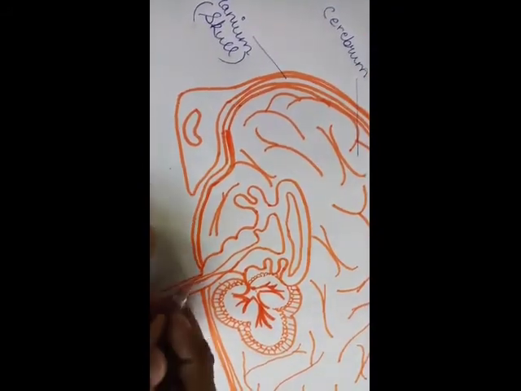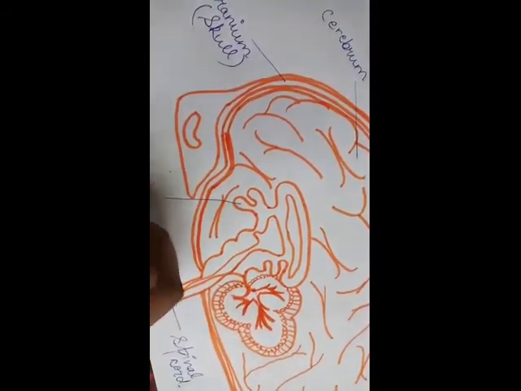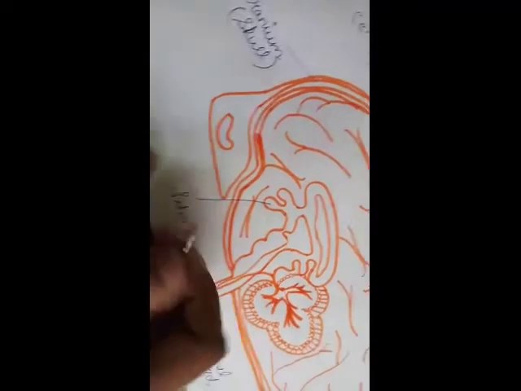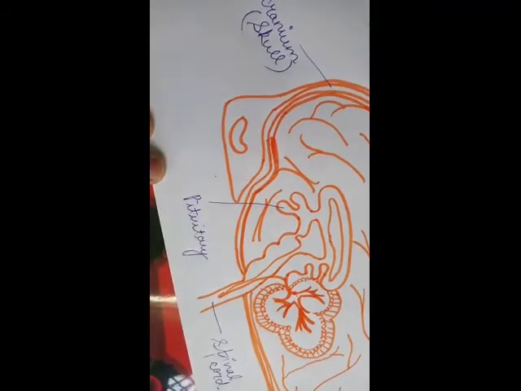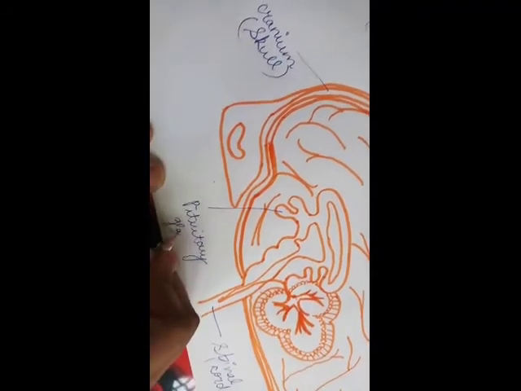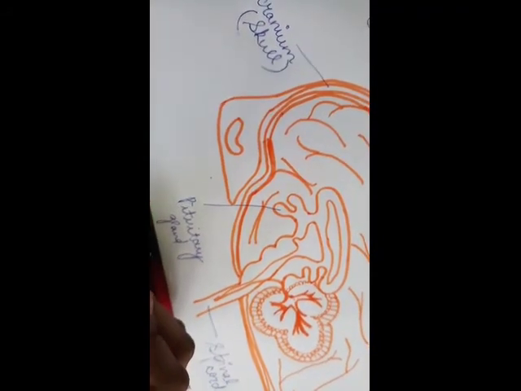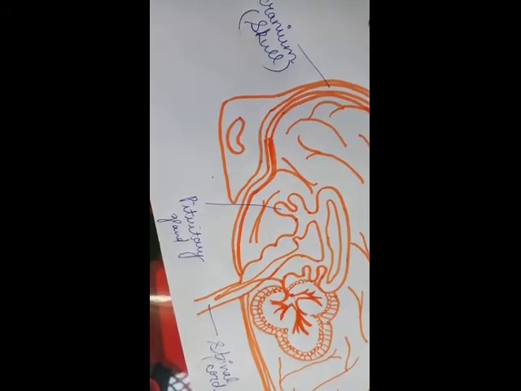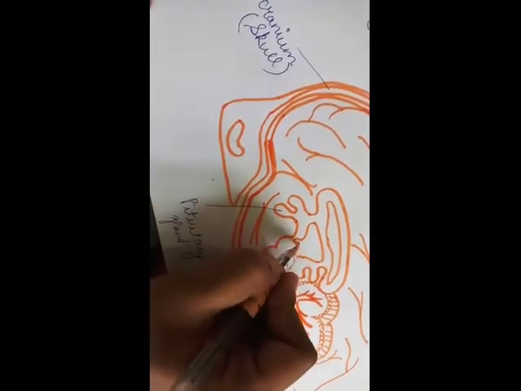This one is your pituitary gland, the master gland of a body. Pituitary gland. This one is hypothalamus.